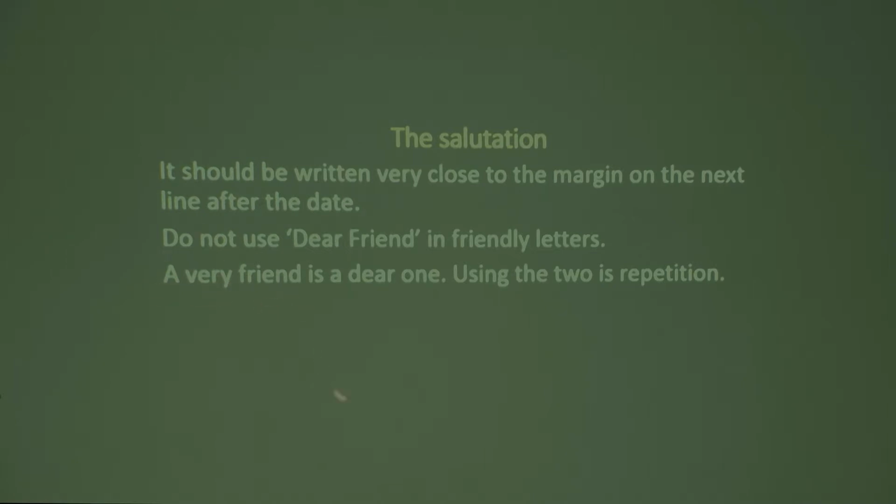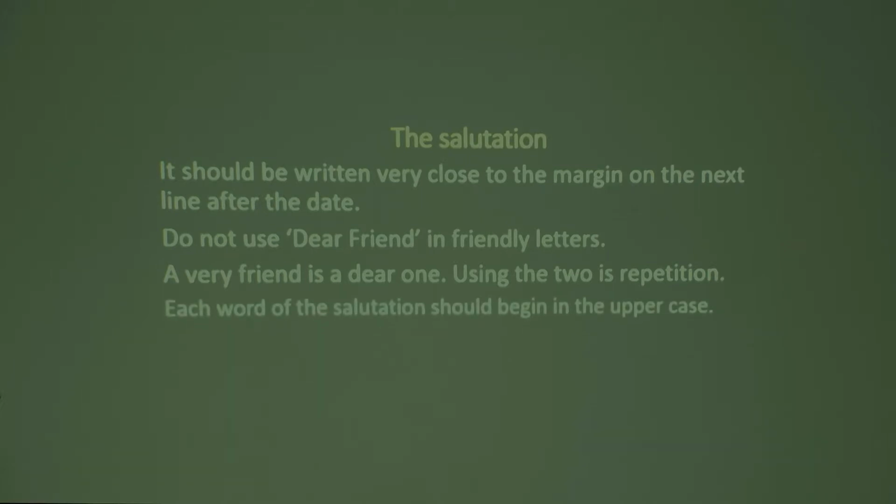Then we have a friend is a dear one. Using the two is repetition. A friend means what? A dear one. So if a friend means a dear one, there's no need to now say what? Dear friend. There's no need for that. That will be repetition of one word.